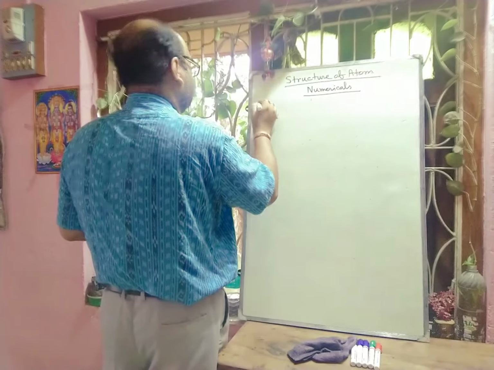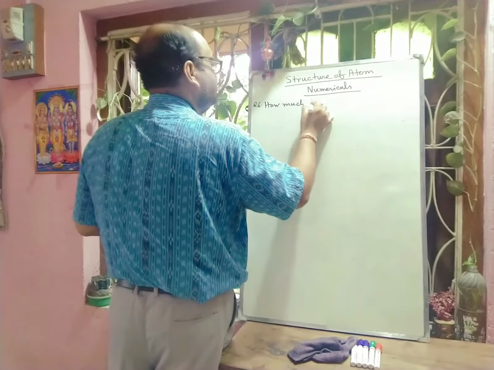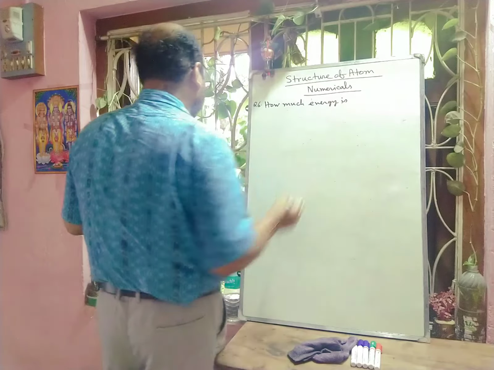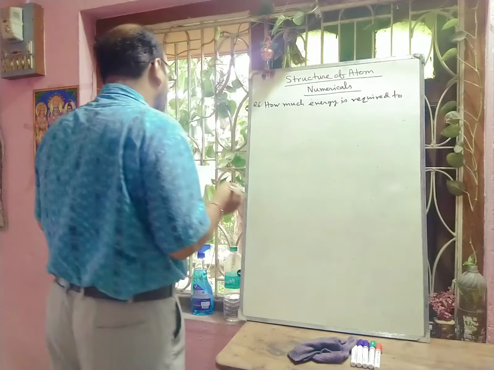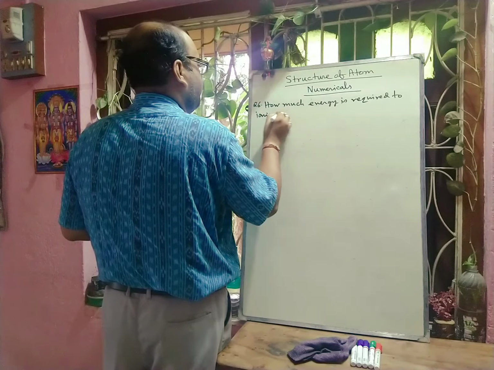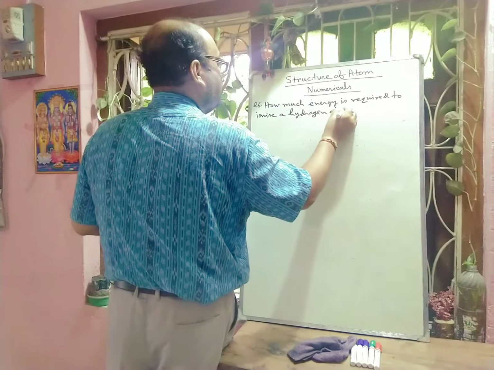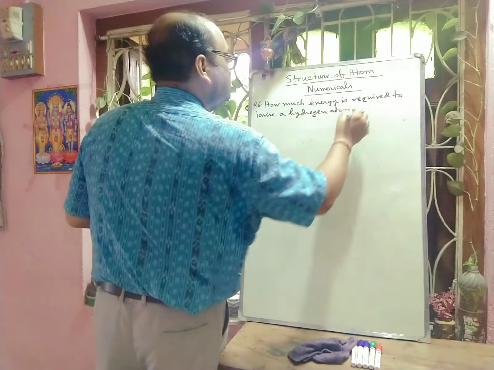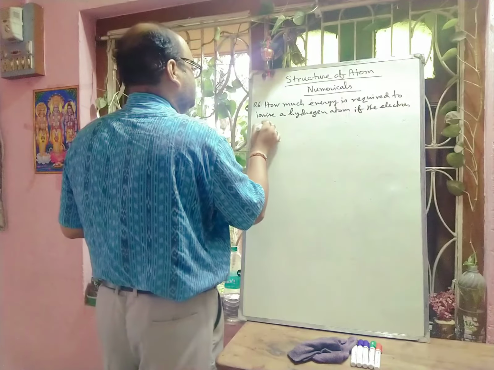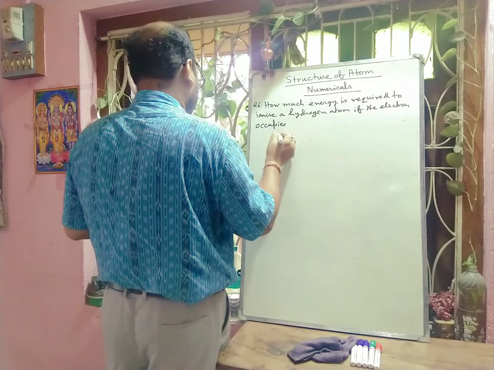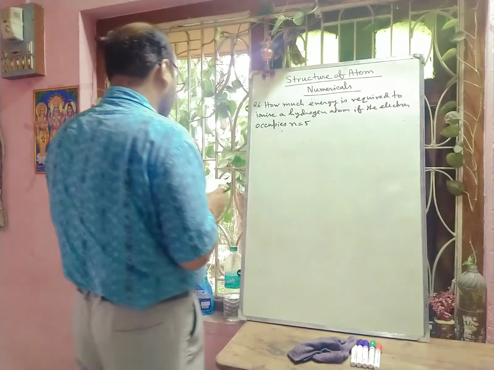Question number 6 is given that how much energy is required to ionize a hydrogen atom if the electron occupies n is equal to 5 orbit.